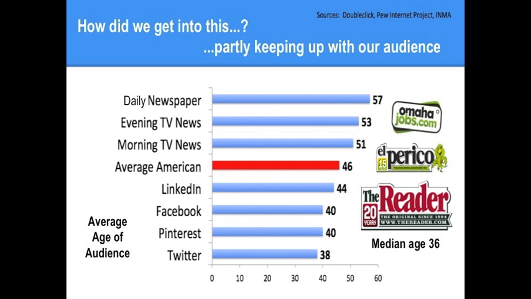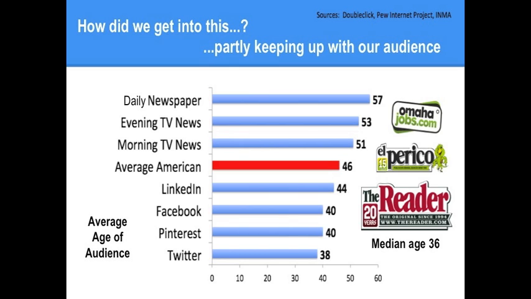A little bit more about ourselves. How do we get into this? Part of that was keeping up with our audience. I'm on slide 5 now, and this is data from DoubleClick and the Pew Internet Project, and it shows the average age of audience. You'll see your news and your daily newspaper up there in the 50s.